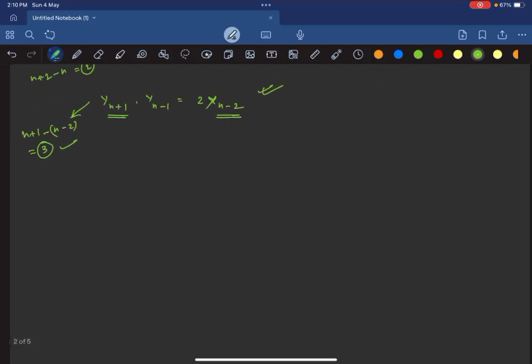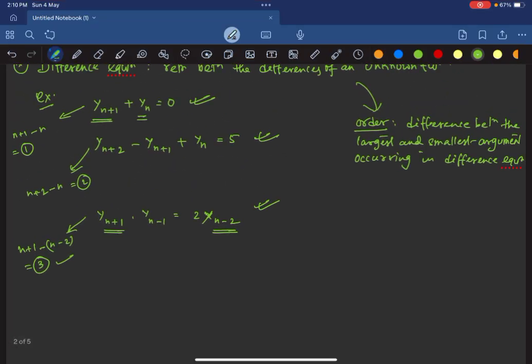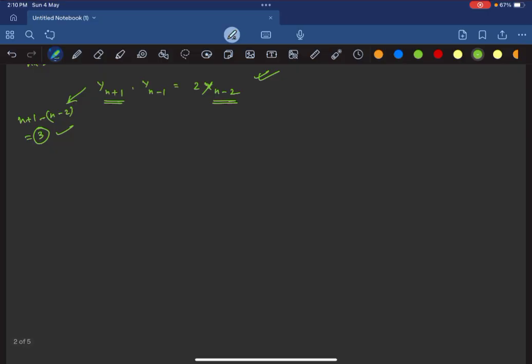Now here I have given these equations in terms of y, but it is not necessary that you will always get them in terms of y. There can be an equation like this: delta cube yx plus delta square yx plus delta yx plus yx equals 0. This equation you can write in subscript notation.